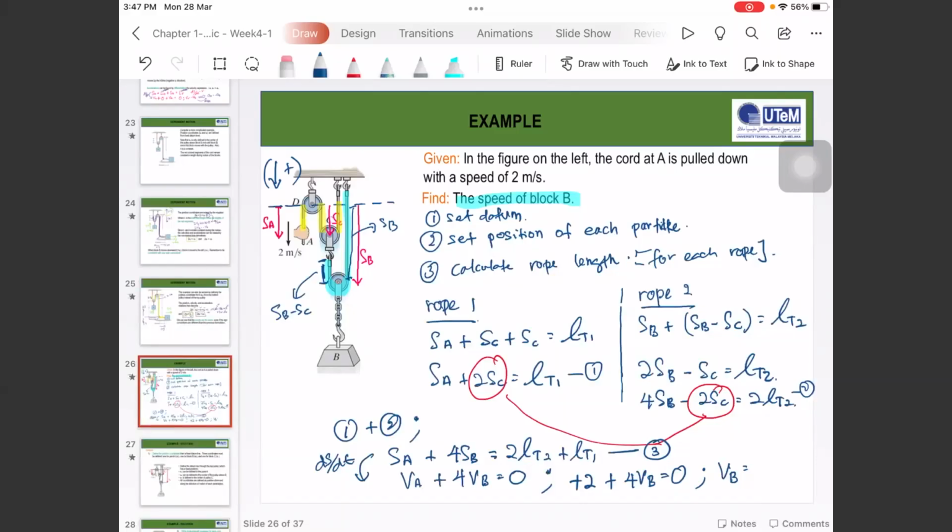Di situ VB is minus 0.5 meter per second. So ini going up lah, 0.5. Okay.